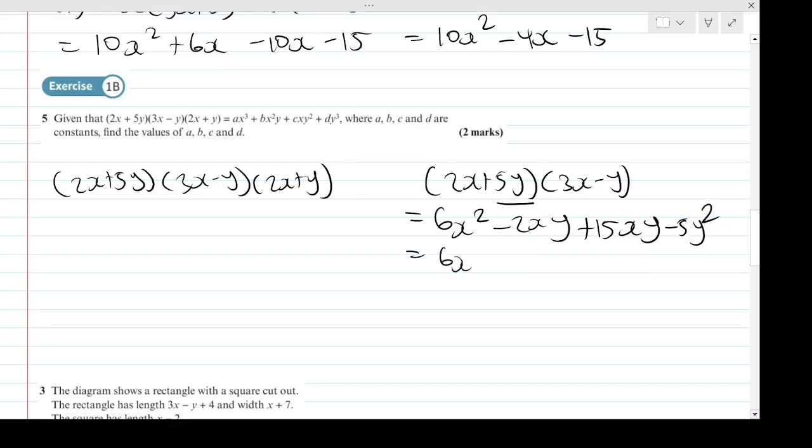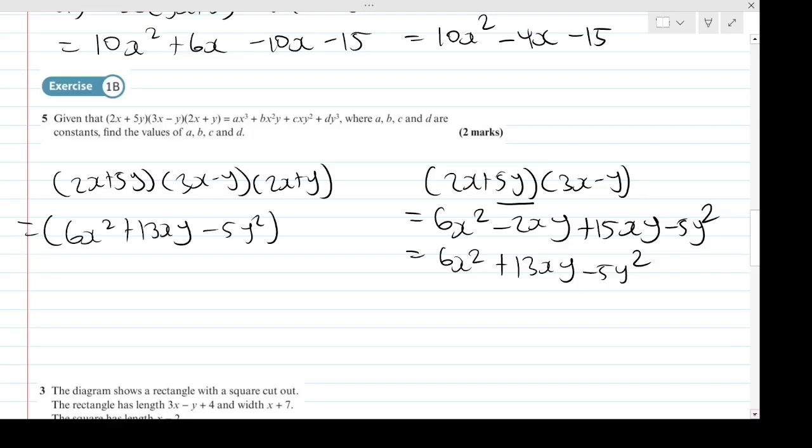So we have a 6x squared, then we have minus 2xy and 15xy plus 13xy minus 5y squared. Cool. So now we worked out the first set of brackets. So this will go to 6x squared plus 13xy minus 5y squared times by 2x plus y.